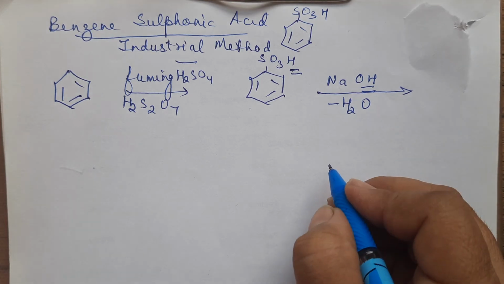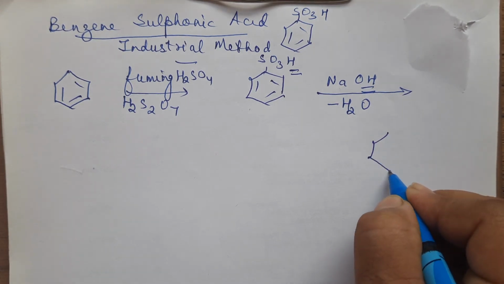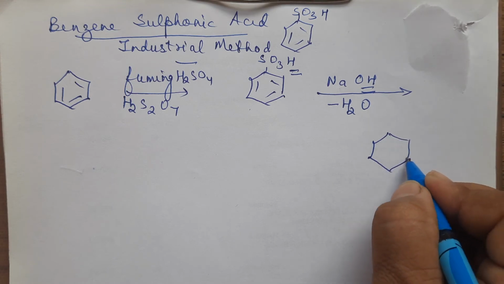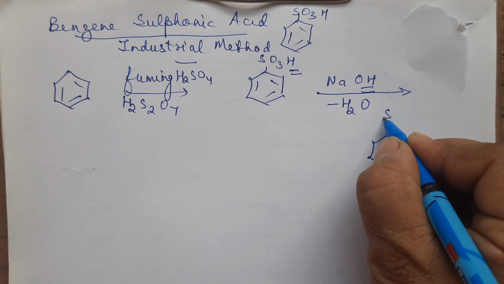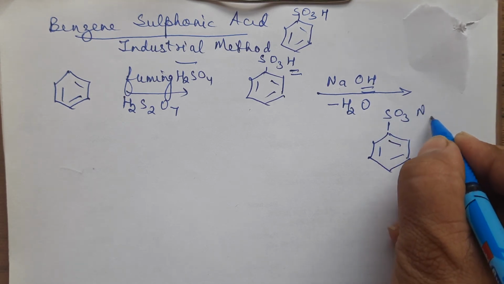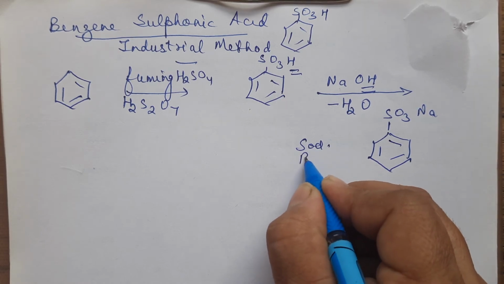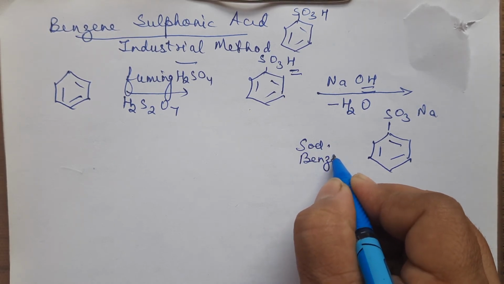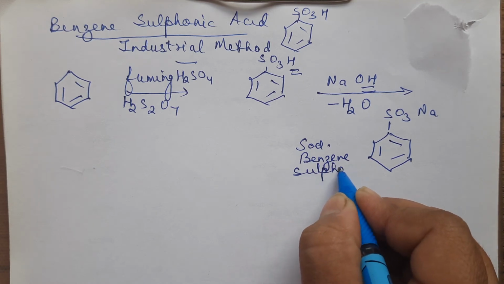So we remove water, and what we get, I'm writing it down because of the lack of space there, is SO3Na. Now what is this, children? It is sodium benzene sulfonate.